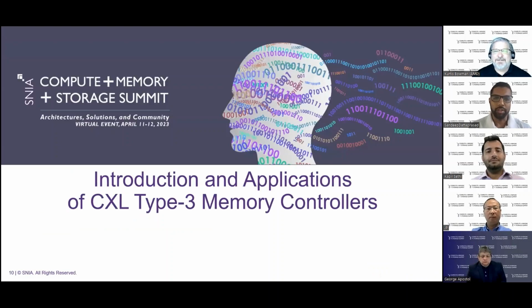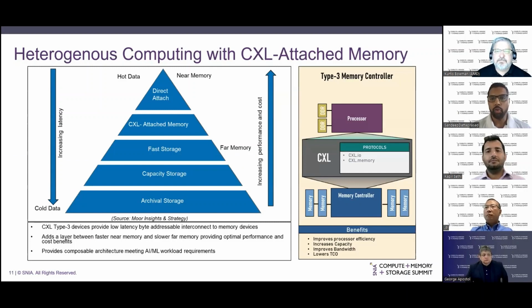Thank you, Curtis. Hello, everyone. And I appreciate the opportunity to talk here. As Curtis talked about the scope of CXL and the various protocols it supports, I want to focus a little more on how Type 3 memory controllers in particular play a significant role in heterogeneous compute architecture. One of the major improvements in modern day computing is the introduction of heterogeneous and composable architectures.